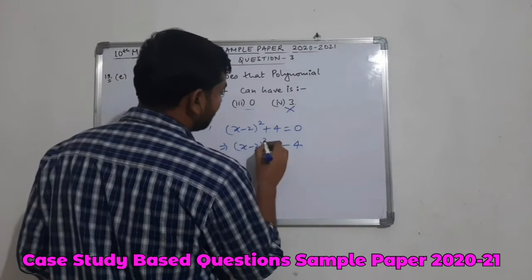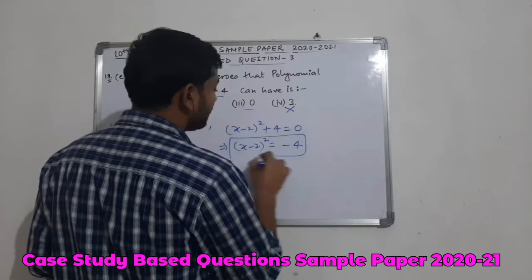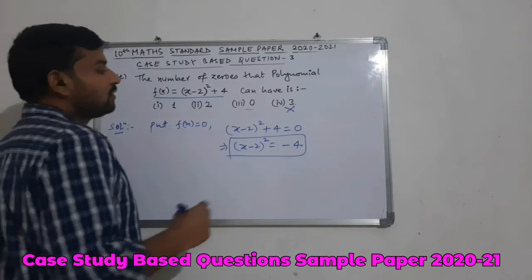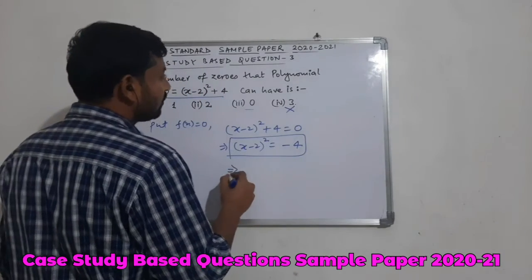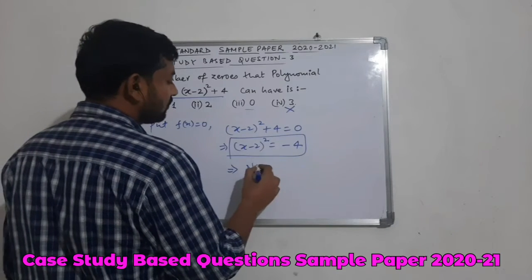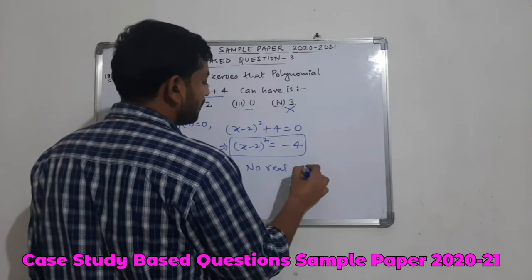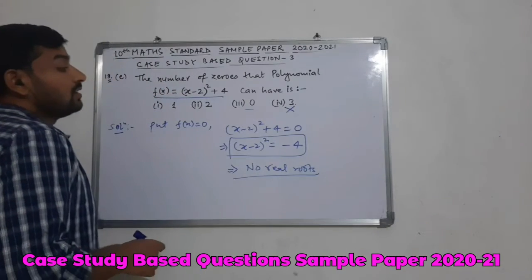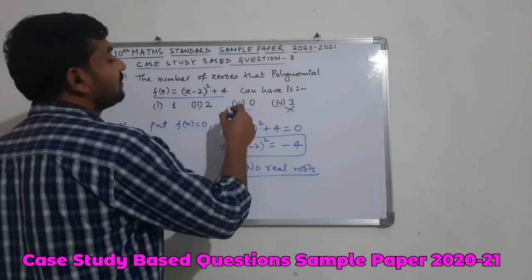Now the square of a number is coming out to be minus 4. So in this case there will be no real root. So the number of zeros which we can have here is 0.